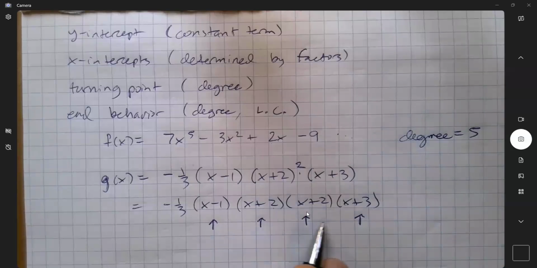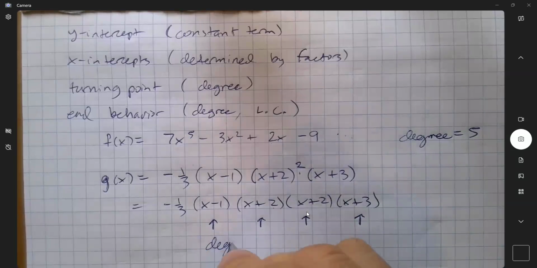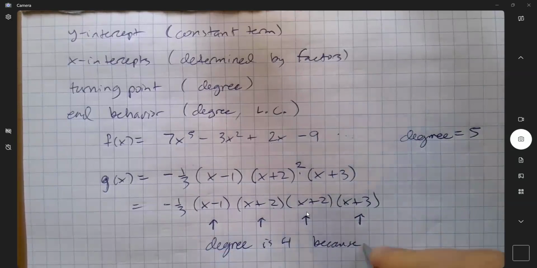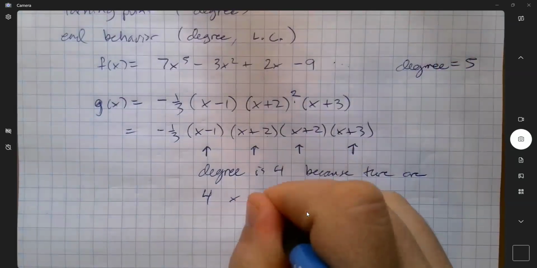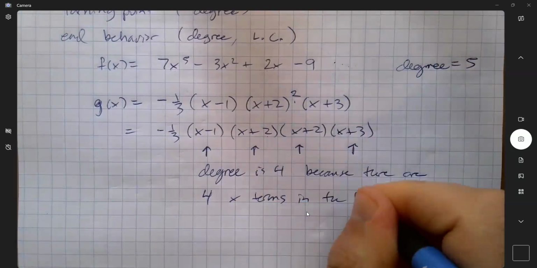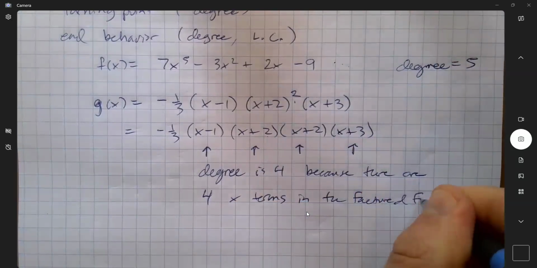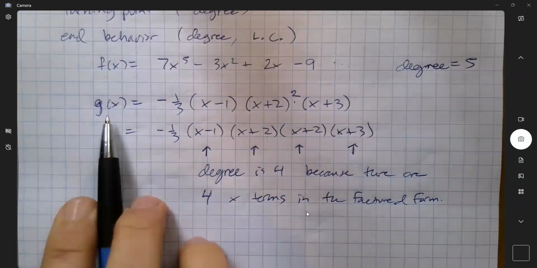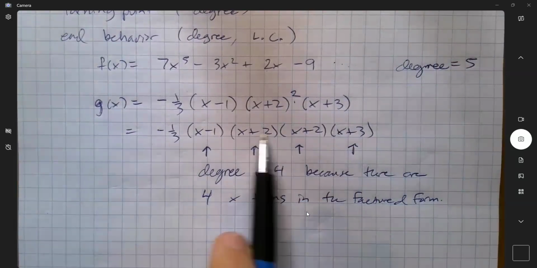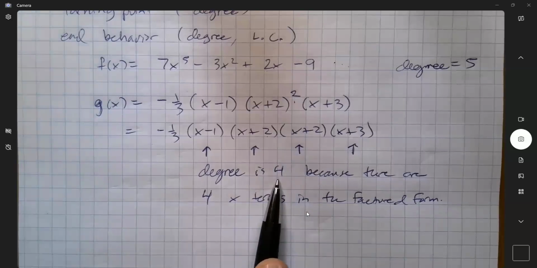But it's actually also really easy in factored form, because each of your factors contributes an x, so they contribute to the degree. The degree is 4 because there are 4 x terms in the factored form. So I know that this function g of x has at most 3 turning points, which is 1 less than 4. It could also have 1 turning point.